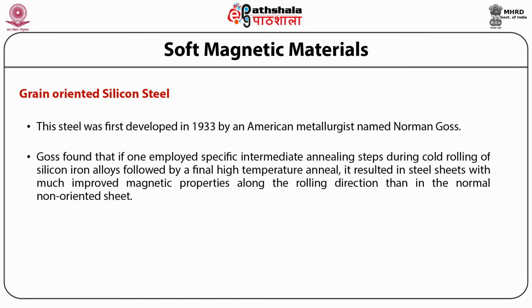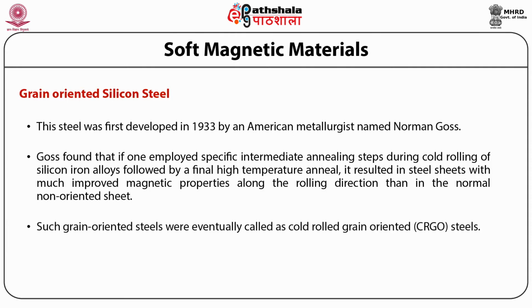Gauss found that if one employed specific intermediate annealing steps during cold rolling of silicon iron alloys, followed by a final high temperature anneal, it resulted in steel sheets with much improved magnetic properties along the rolling direction than in the normal non-oriented sheet.